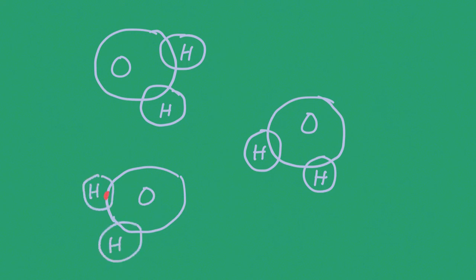The covalent bonds are formed within the water molecule. That's what makes the water molecule, between the oxygen and the hydrogen. And between the water molecules, hydrogen bonds are formed. It is a bond between hydrogen and oxygen. So in each case, we see that there is a bond between hydrogen and oxygen.